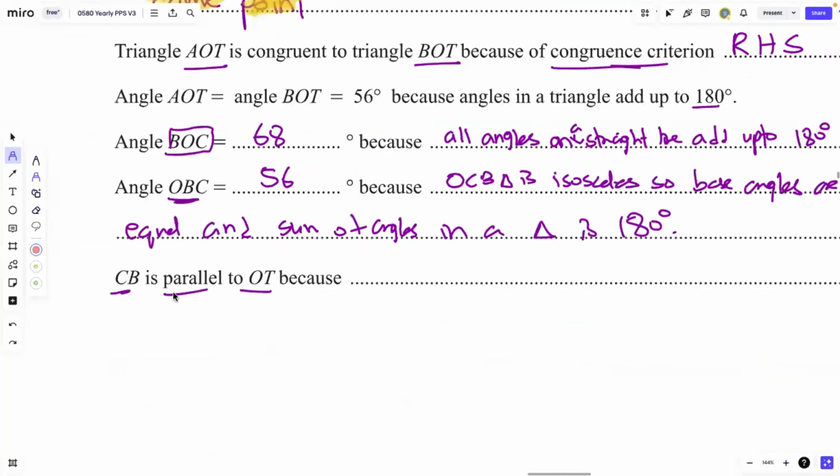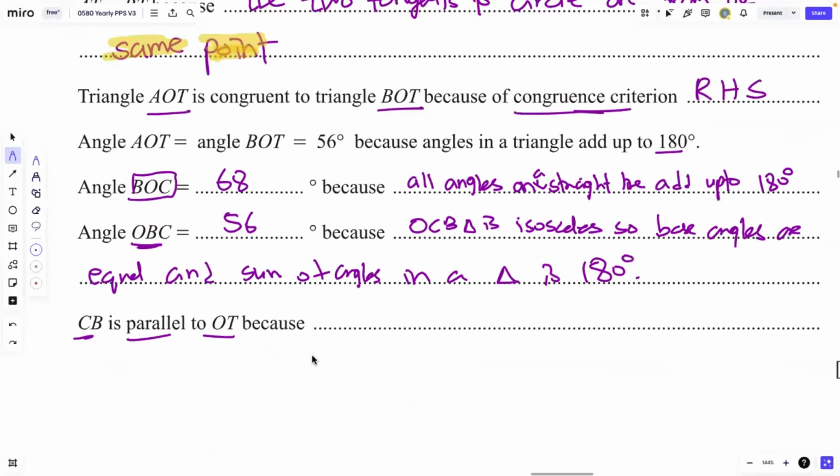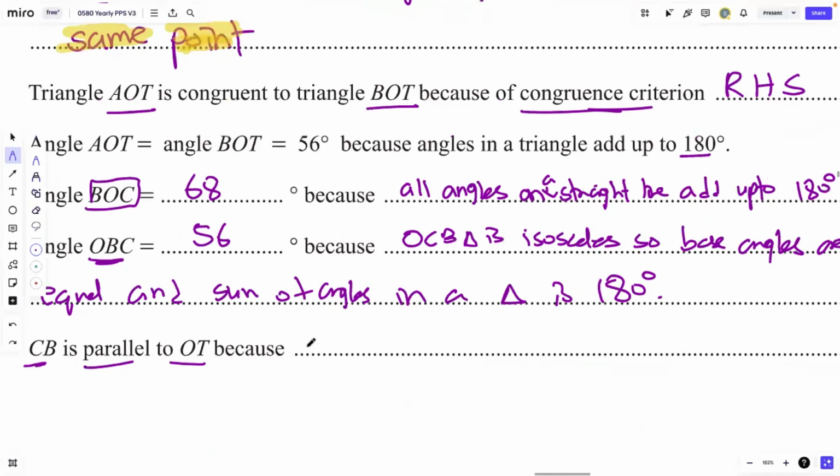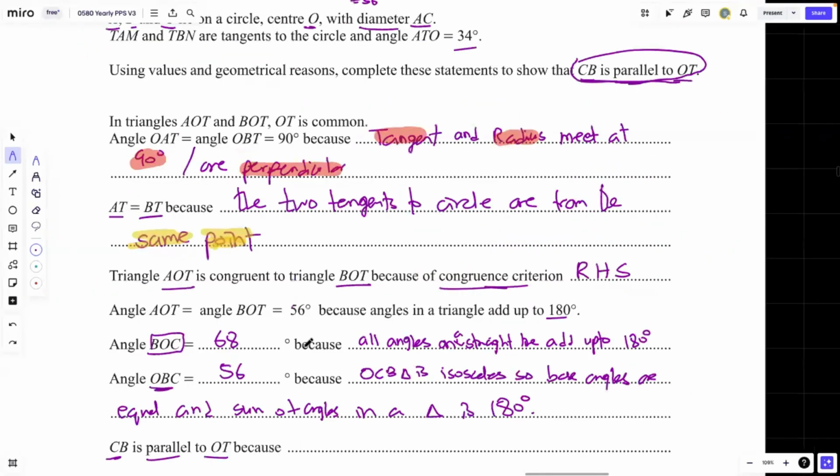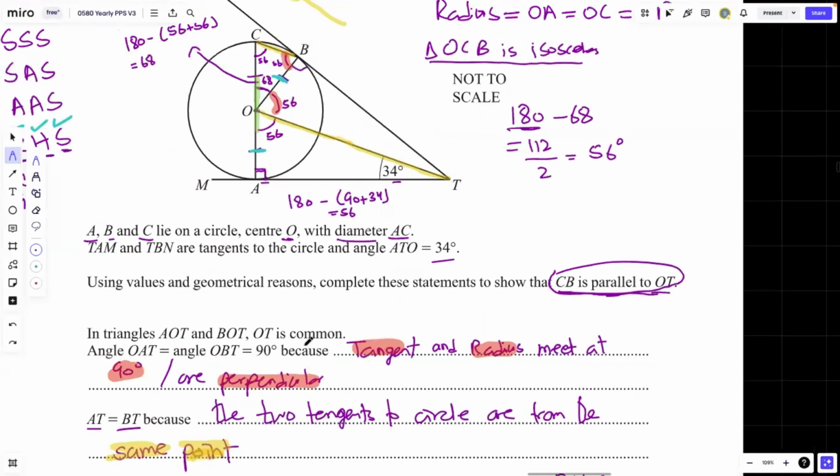So we'll write that CB is parallel to OT, because now we need to write the names of the angles here. Do not miss out on the names of the angles, otherwise the examiner might deduct marks.